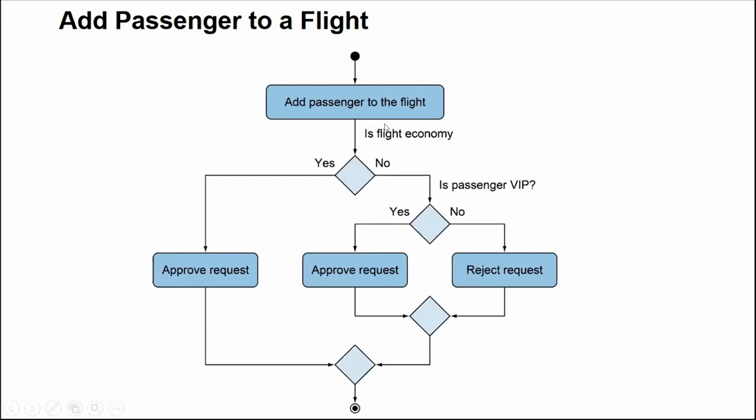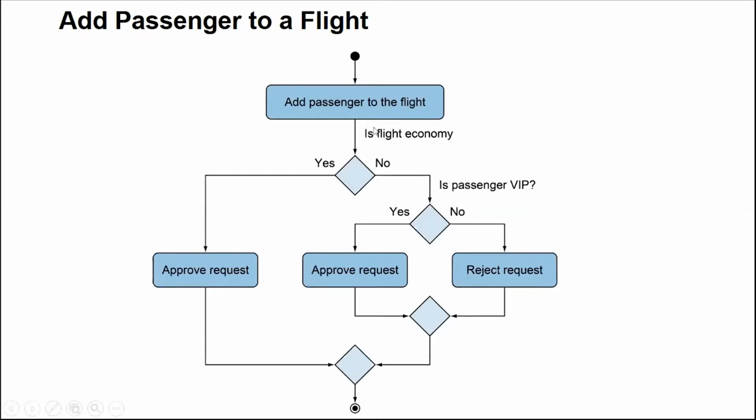And we have here some small schema about how this company is managing this policy of adding a passenger to a flight. We say here, if you would like to add a passenger to the flight, first have a look if the flight is economy. If the flight is economy, yes, we approve the request so everyone can join an economy flight.